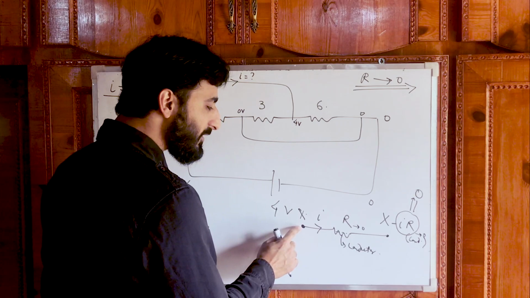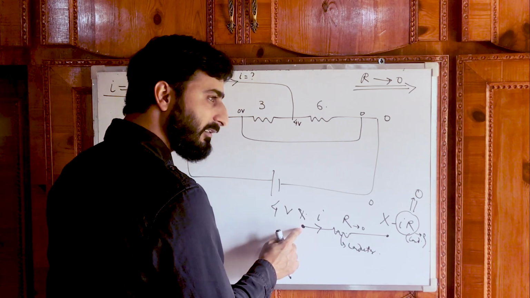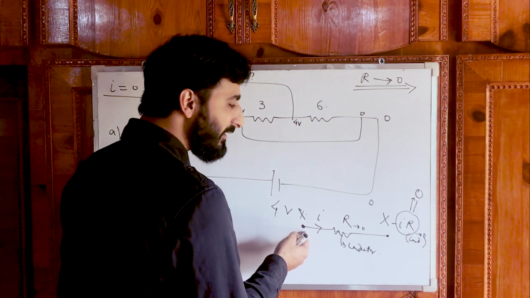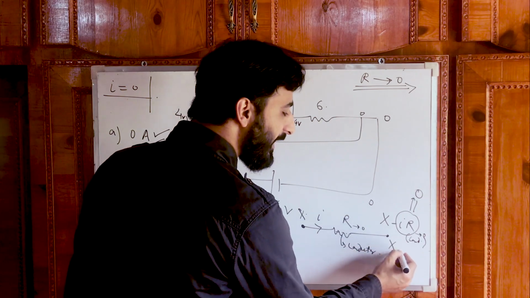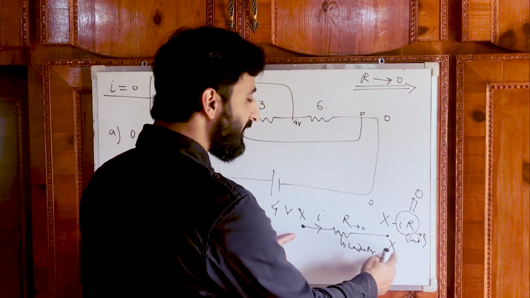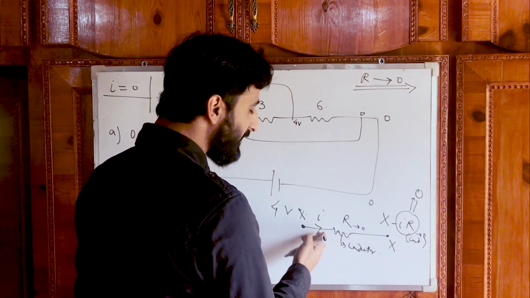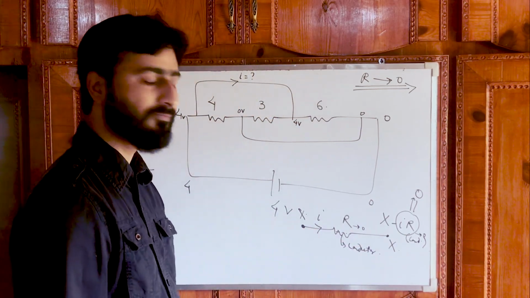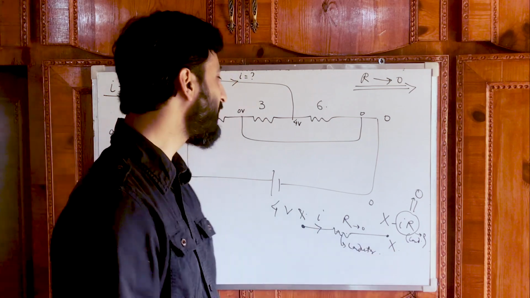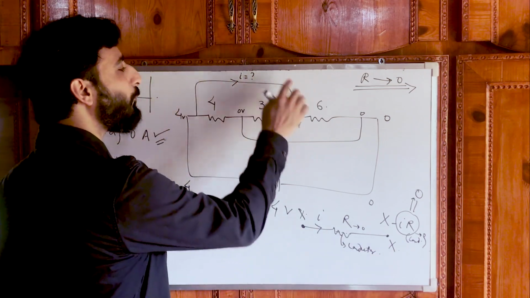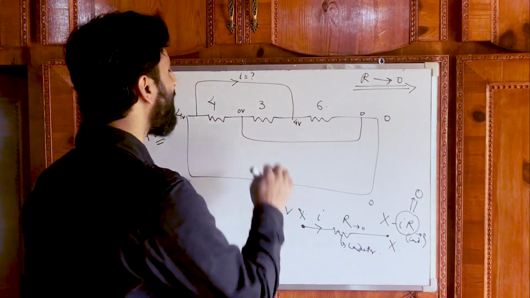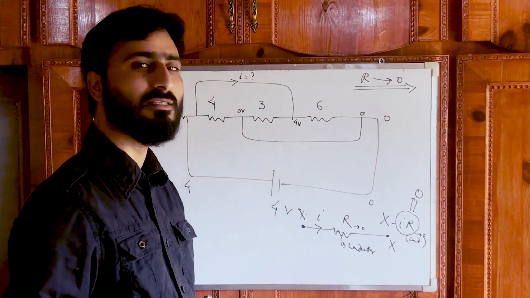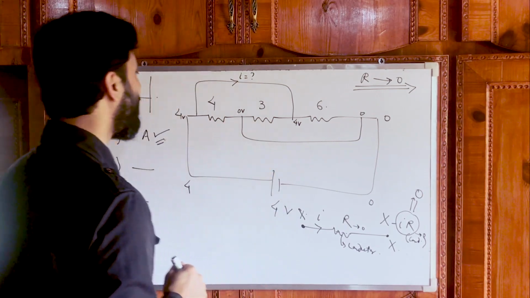And if the value of potential here is X, the potential at this point will again be X. Now see, the potential at one end of the conductor is same as at the other end of the conductor. That's why we say, while we connect any 2 points using any conductor, that the potential of these 2 points is same. Fine.